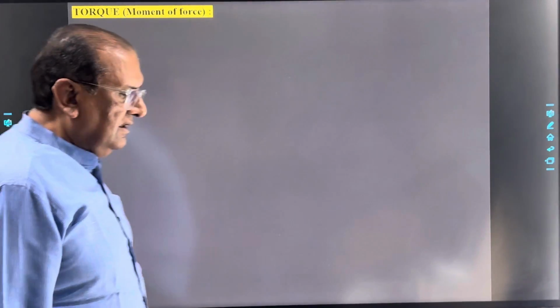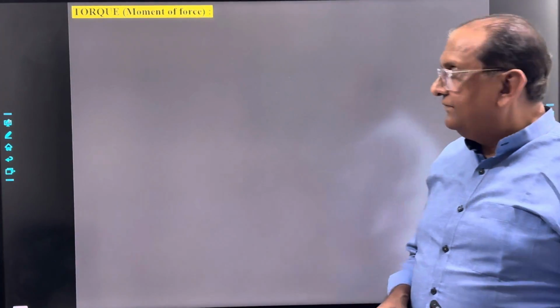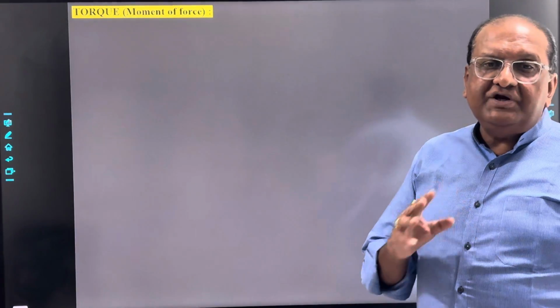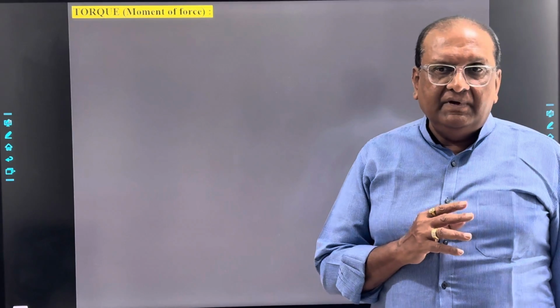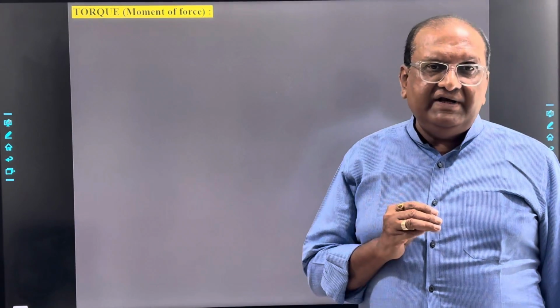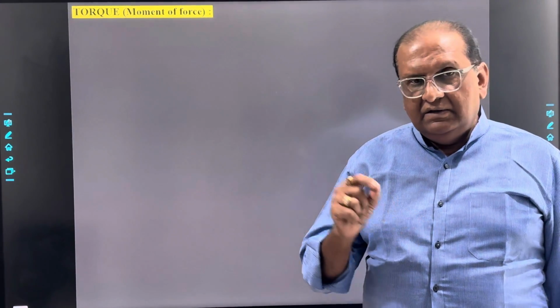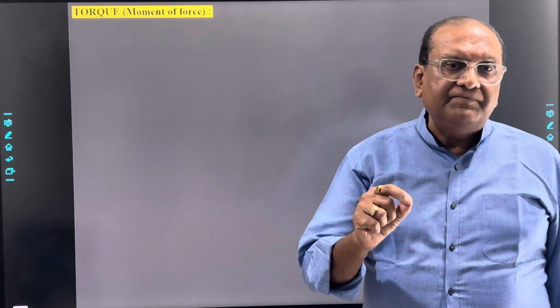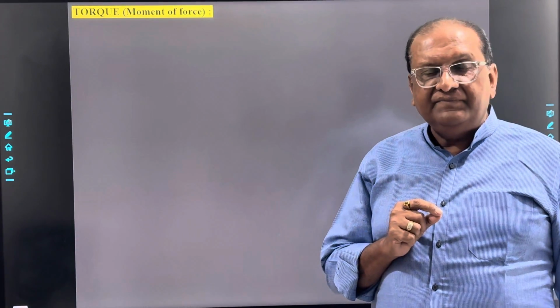Now next topic, that is torque, which is also known as moment of force. Now see, in linear motion we studied the physical quantities like linear displacement.